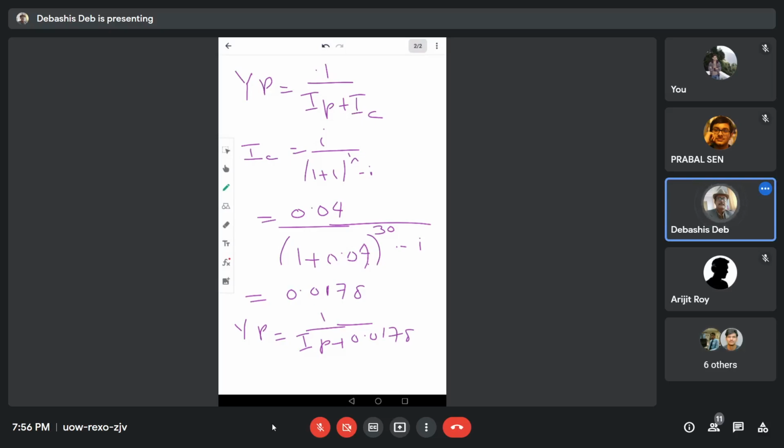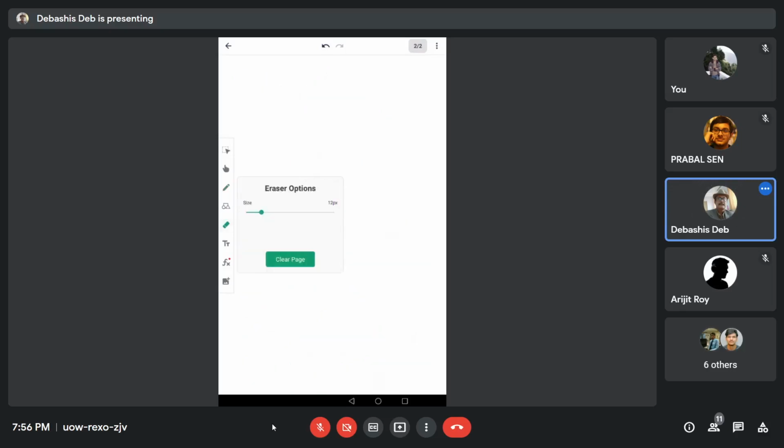IP is not mentioned in the problem. So assume bank rate 7%. Write down assume bank rate 7%, then 0.07 and 0.0178.